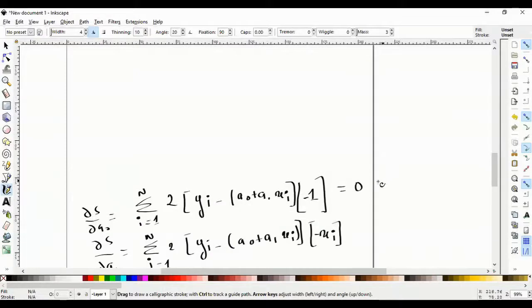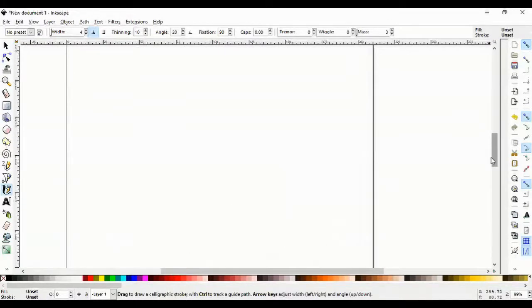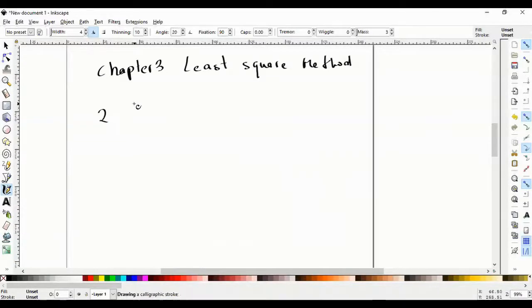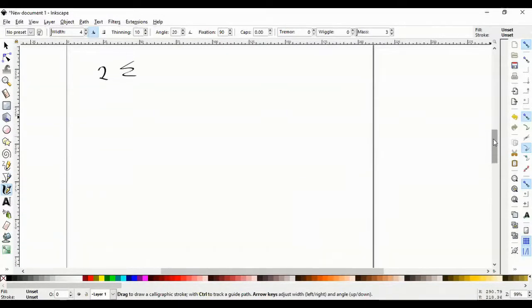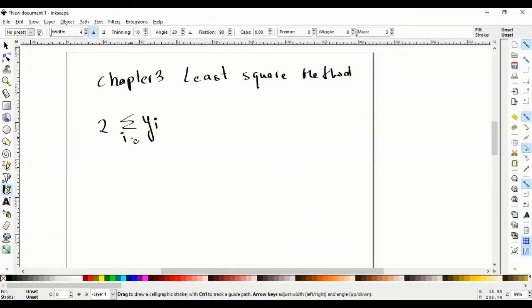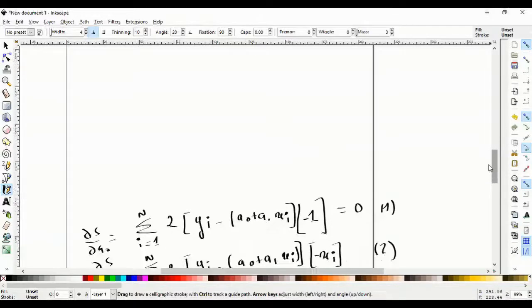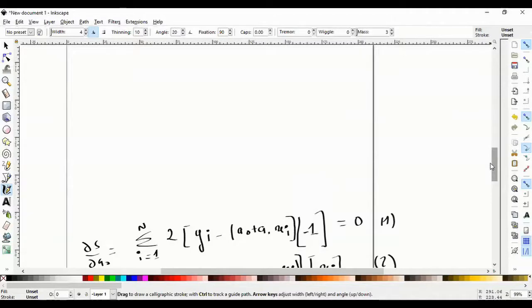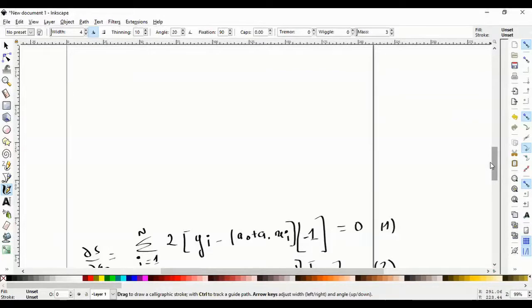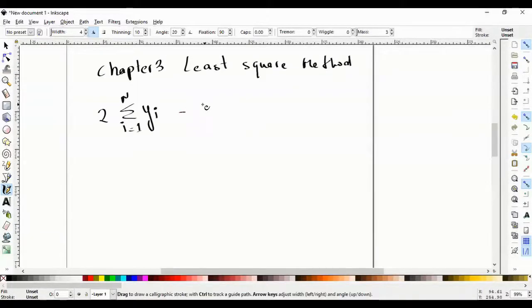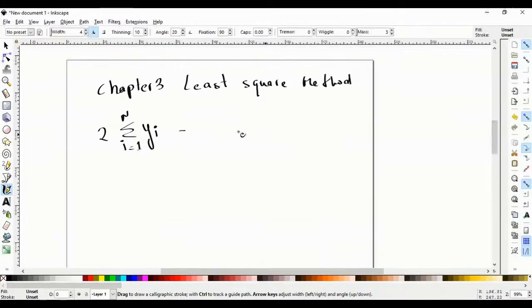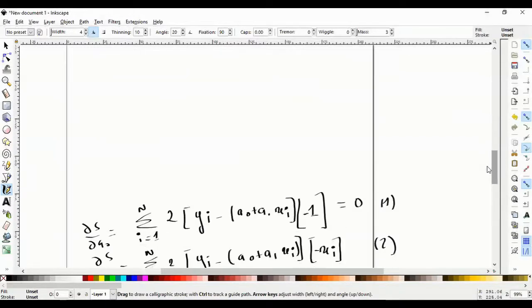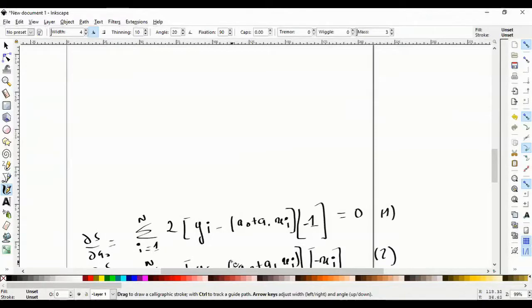From the first equation, if you say this is equation 1 and this is equation 2, we have 2 times the sum of yi, with i going from 1 till n, minus the sum from i equals 1 till n of a0, which is n times a0, because here I decompose each term alone.